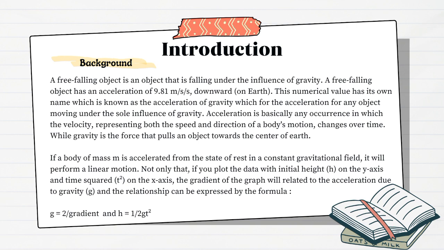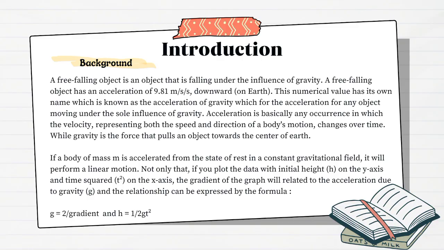If a body of mass m is accelerated from the state of rest in a constant gravitational field, it will perform a linear motion. Not only that, if you plot the data with initial height on the y-axis and time squared on the x-axis, the gradient on the graph will relate to the acceleration due to gravity, and the relationship can be expressed by the formula below.